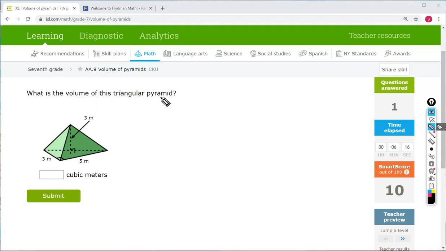What is the volume of this triangular pyramid? Again, the volume is equal to the area of the base times the height divided by 3. But in this case, the base is a triangle, not a rectangle.